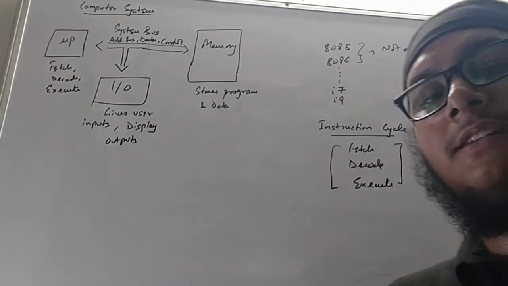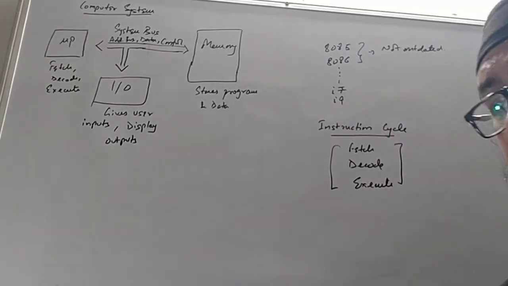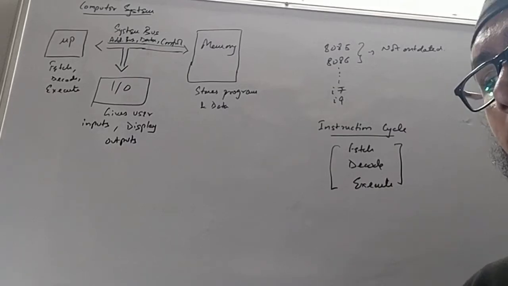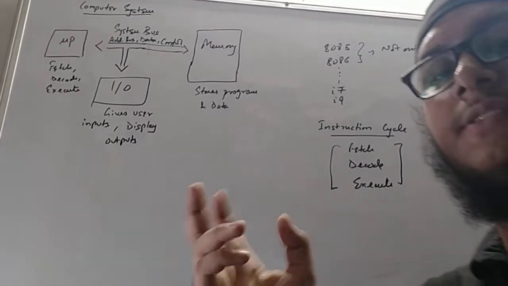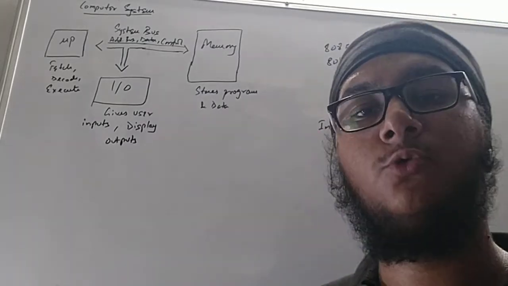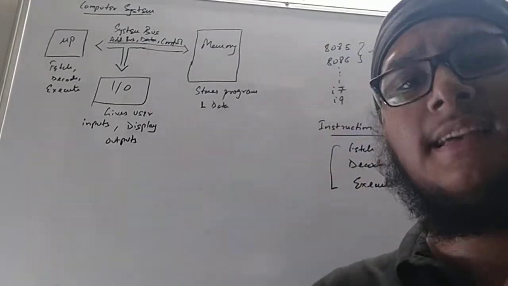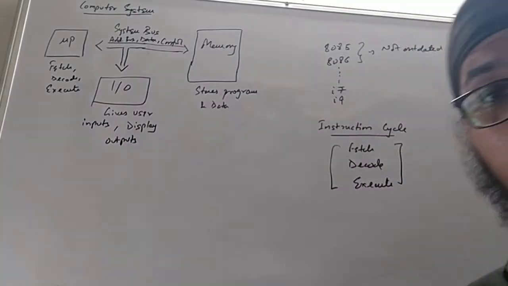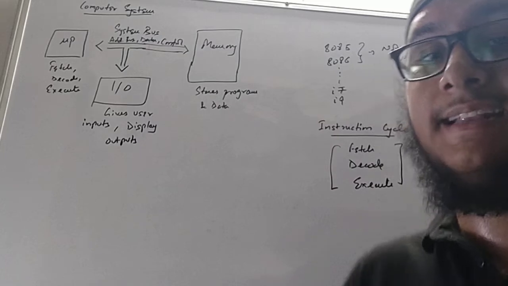This is called its opcode. Upon decoding the opcode, the microprocessor understands the operation to be performed and hence executes the instruction. So mark these words: opcode, execution, fetching, decoding, because these are the terms we'll be encountering a number of times in our further videos of 8085 and 8086.